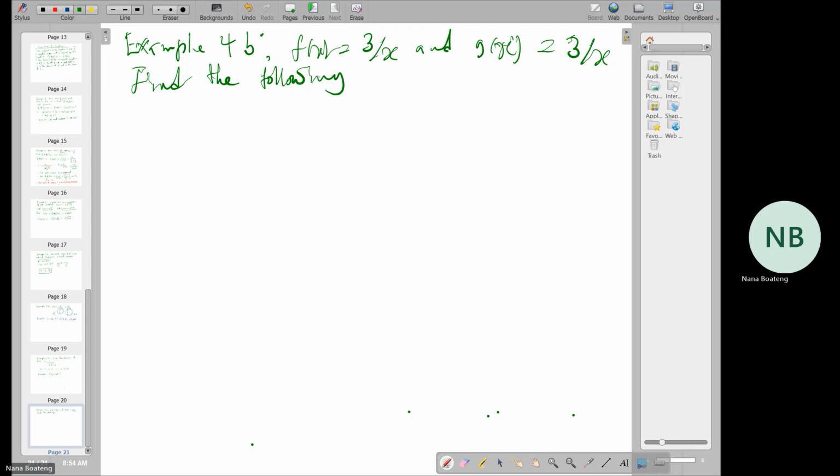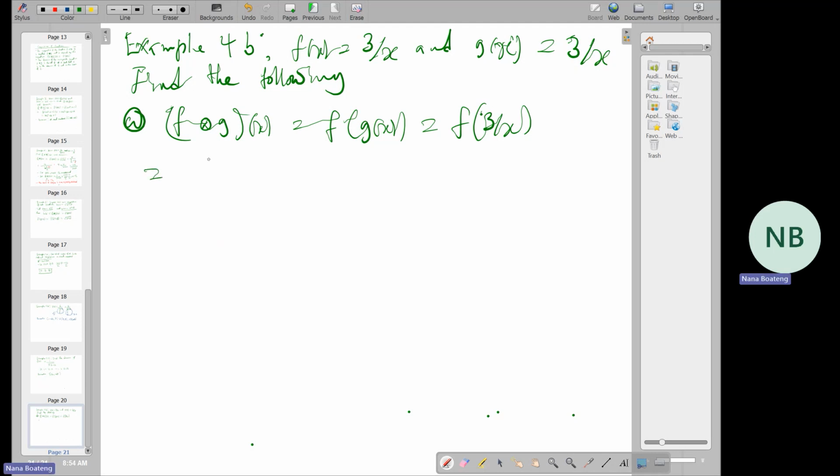A, f of g of x. f of g of x is equal to f of 3 divided by x, which is equal to 3 divided by 3 over x, which is 3 times x divided by 3, which gives us x.